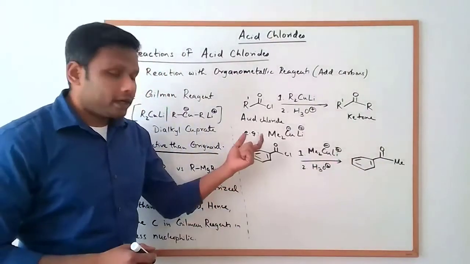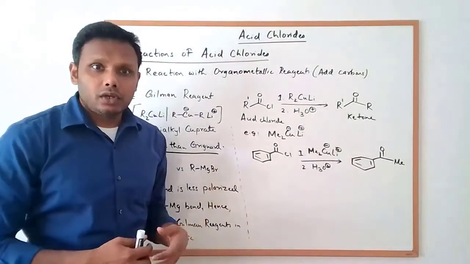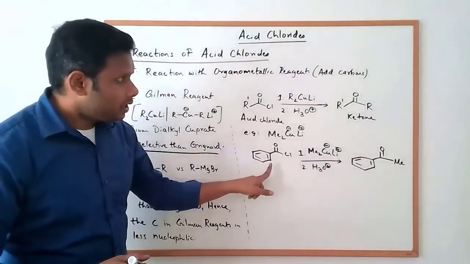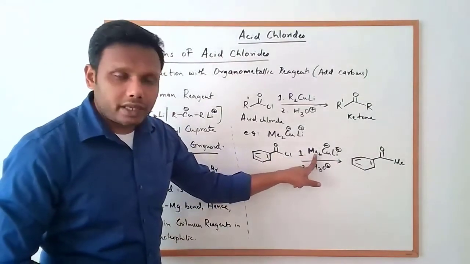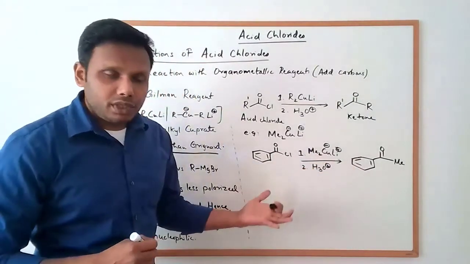Now, one advantage of the Gilman reagents as compared to the Grignard reagents is that you can add an organic group and stop at the ketone.